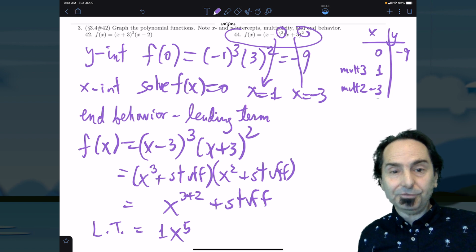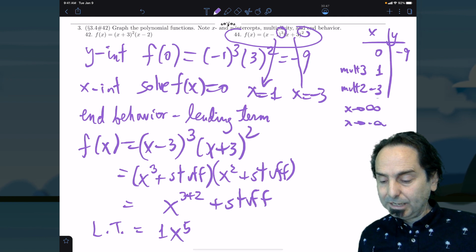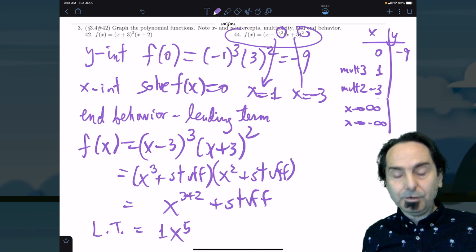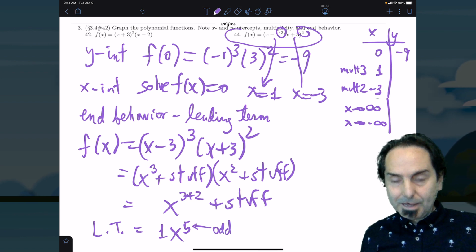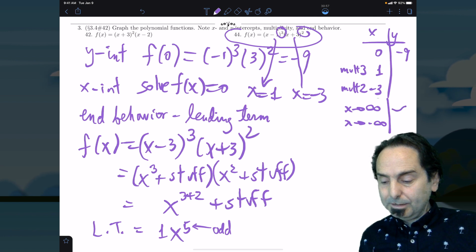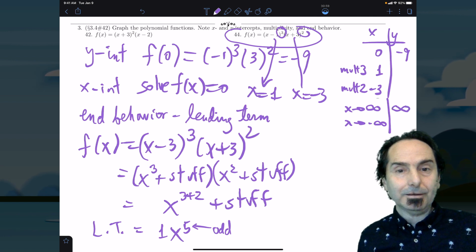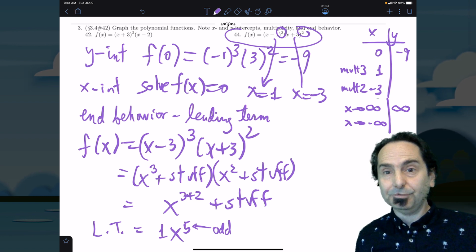That's enough to tell us the end behavior, because we want to know what happens as x goes to infinity and what happens as x goes to negative infinity. Well, we have an odd degree polynomial, 5 is odd, and a positive coefficient, so as x gets really big, the leading term will dominate. It's 1 times a very high power of a big number, that's infinity.